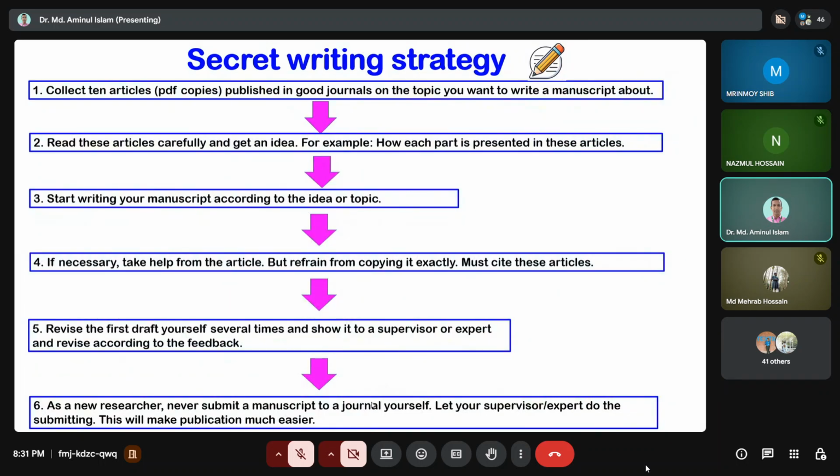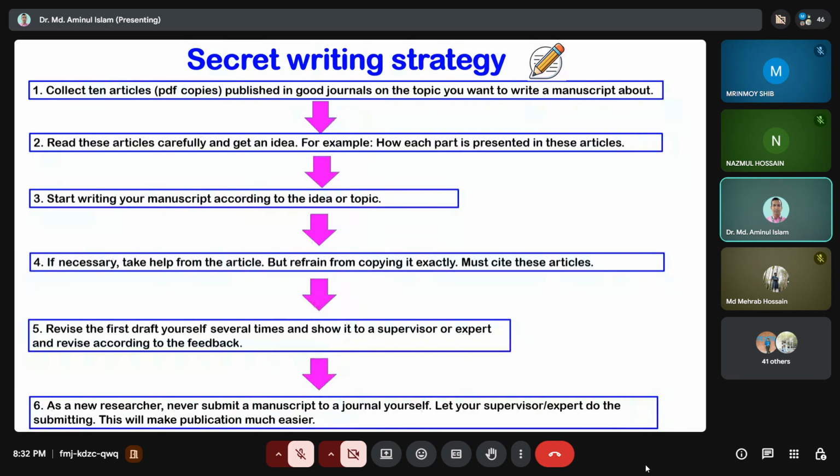So if your affiliation is written as, for example, your name, bachelor student, National University of Science and Technology, and you submit it as corresponding author, the editor will instantly reject it.